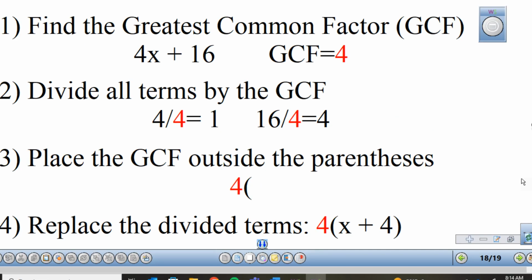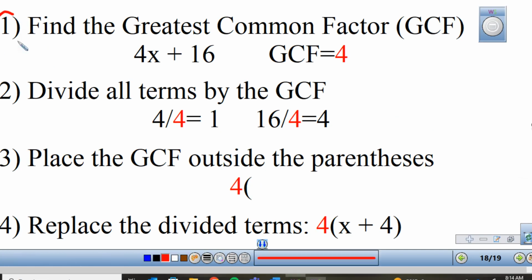Now let's do a review. First, we're going to try to find the greatest common factor of 4x plus 16. So we're looking for the greatest common factor, which is going to be 4, because I can divide 4 out of each term. For the second step, we're going to divide all the terms by the GCF.